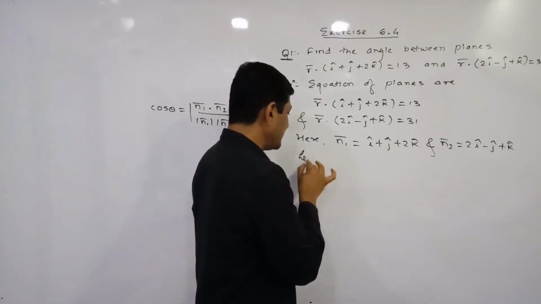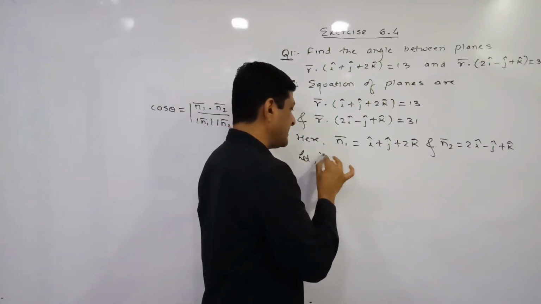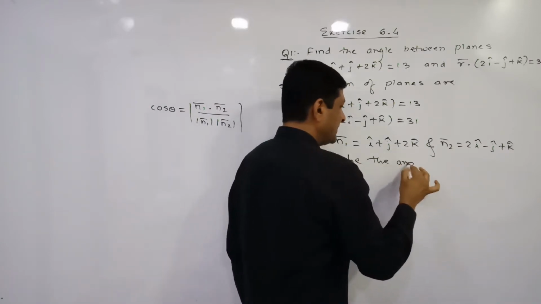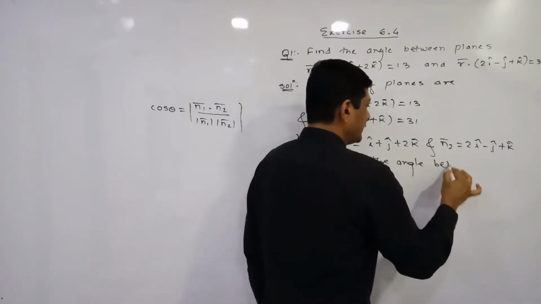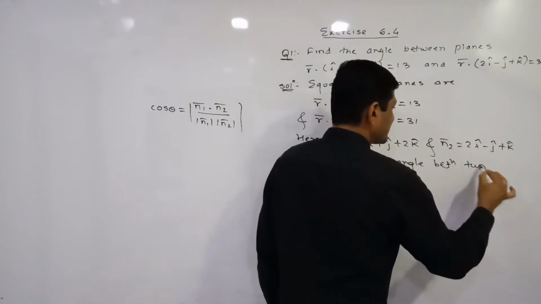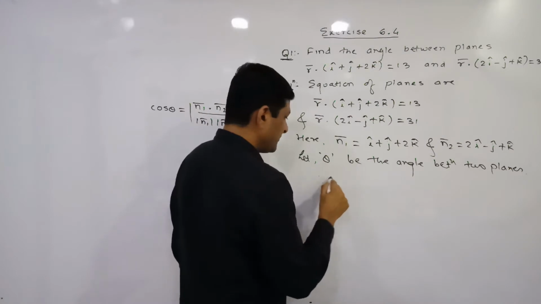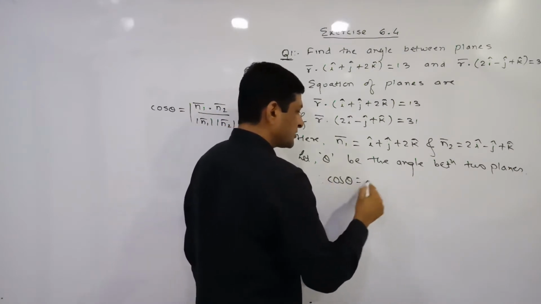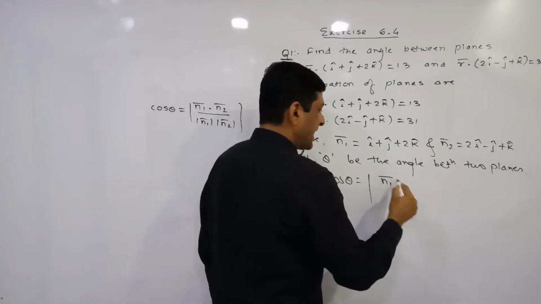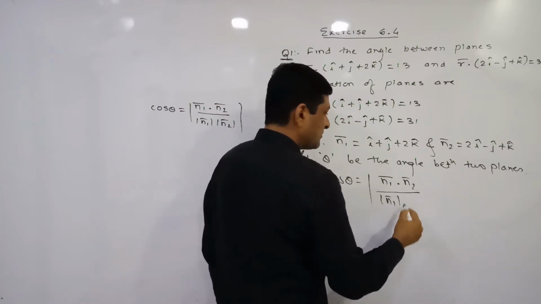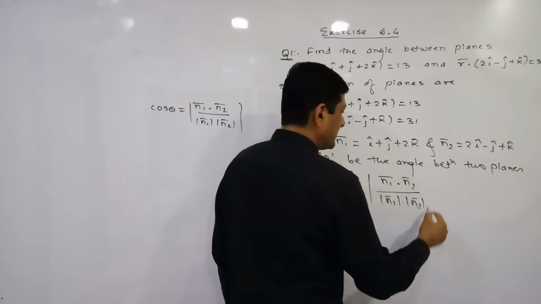I am denoting the angle between the two planes by theta. Let theta be the angle between the two planes. Therefore cos theta is equal to n1 bar dot n2 bar divided by magnitude of n1 bar into magnitude of n2 bar.